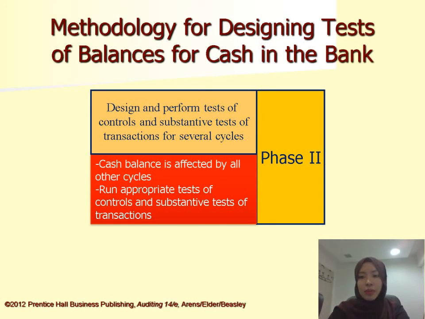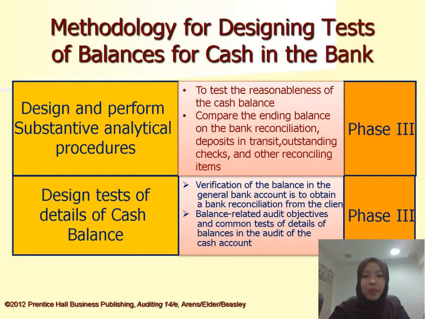And the third phase has two. So the first one is to design and perform substantive analytical procedures. In many audits, the year-end bank reconciliation is extensively audited. Using a substantive analytical procedure to test the reasonableness of the cash balance is therefore less important than in most other audit areas.